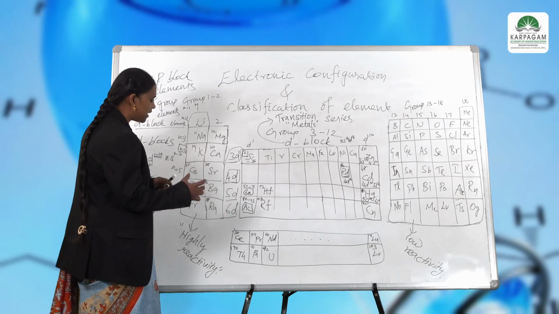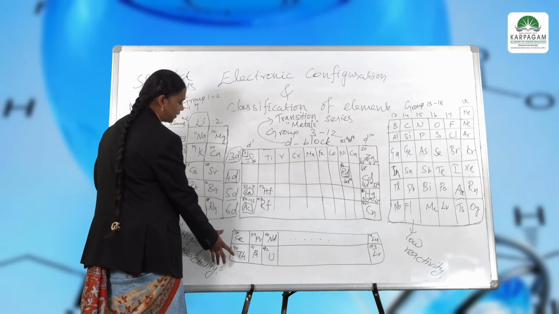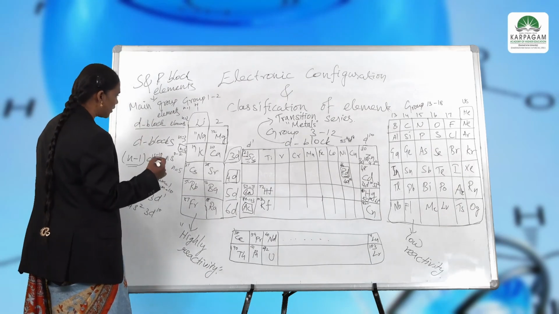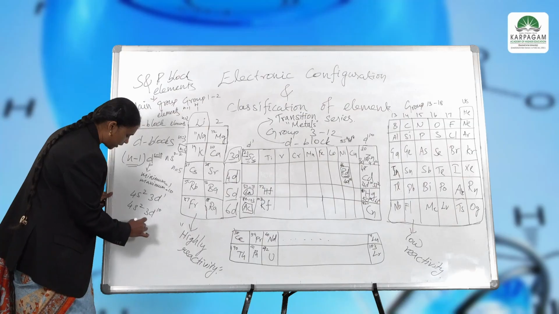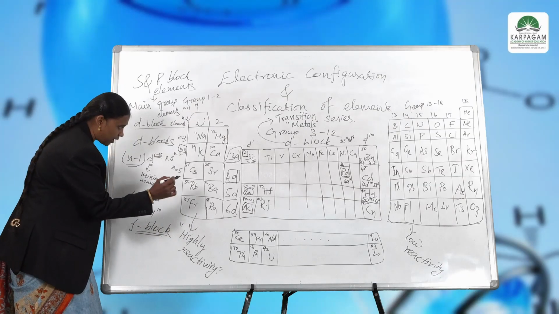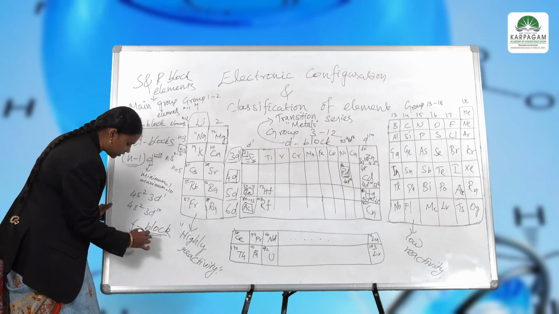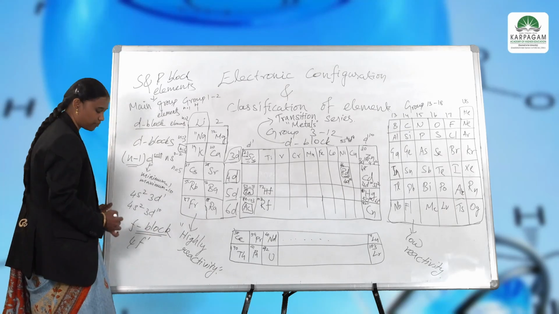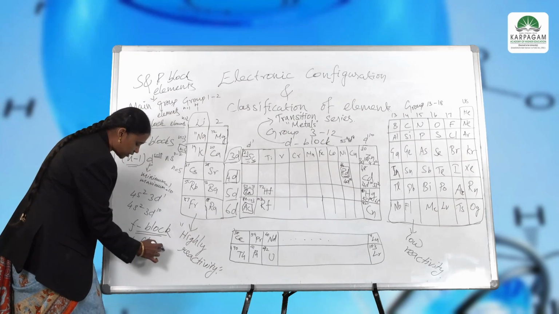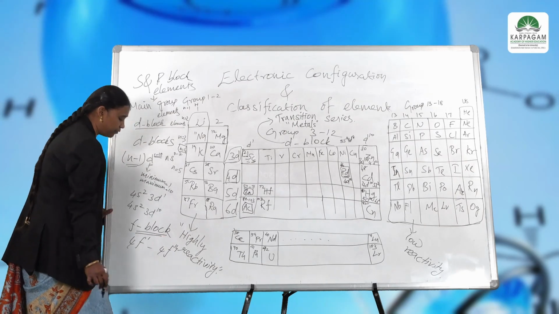Why do these belong separately? These 14 elements have electron filling in the f orbital. So these two series are called f block elements. The lanthanide series electronic configuration starts from 4f1, and lutetium's electronic configuration ends with 4f14.